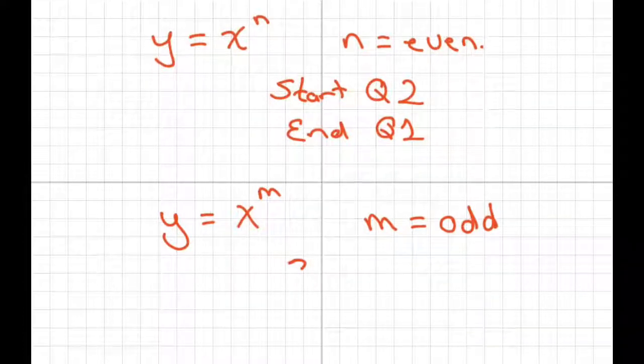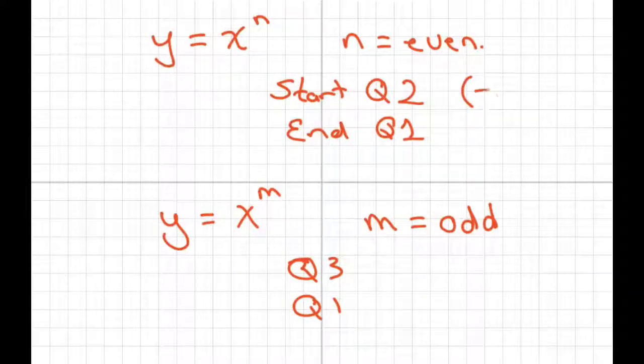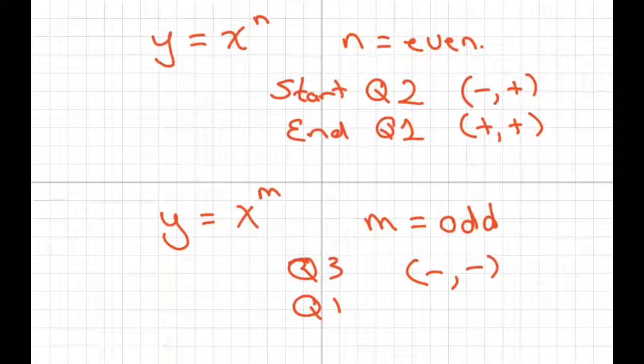Anything with the odd power, where n is odd, you're starting in quadrant 3, ending in quadrant 1. Quadrant 2 is negative positive, quadrant 1 is positive positive. Quadrant 3 is negative negative, quadrant 1 is positive positive. And it just makes it easier if you know it that way.